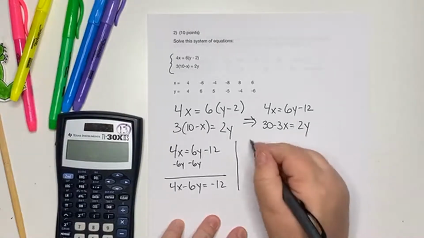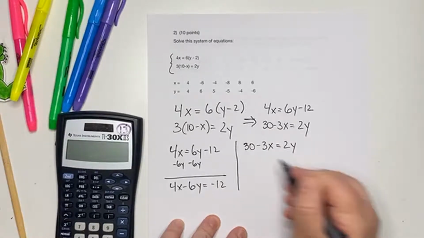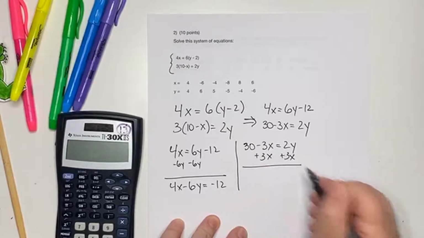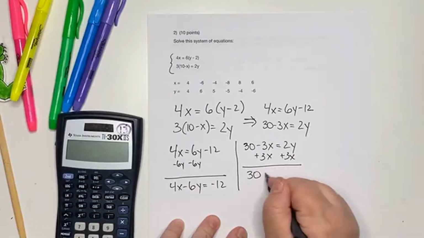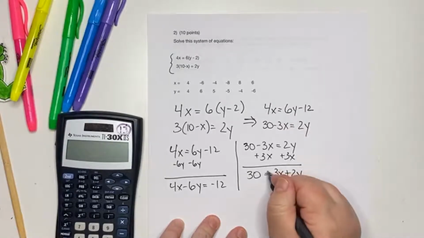Okay, so then I've got 30 minus 3x equals 2y. You know what I'm going to do? I'm going to add 3x on this one. This is just another way to do it. I get 30 on the left and then 3x plus 2y on the right. But then I can turn that around.